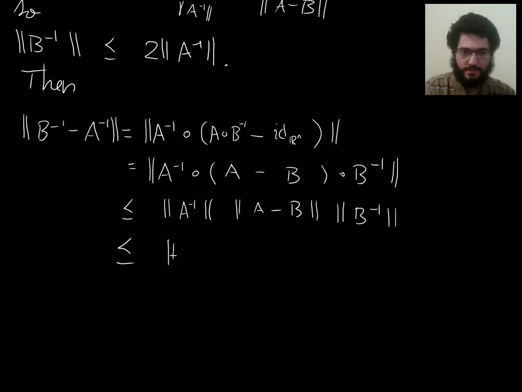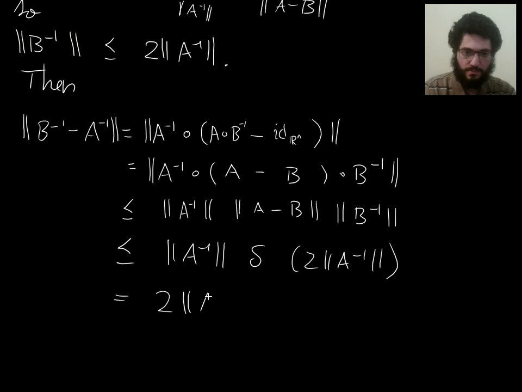This is less than or equal to this times, well, let me just fill in delta for this. And then for this, I'll put 2 times that. So that's 2 times the norm of A inverse squared times delta.